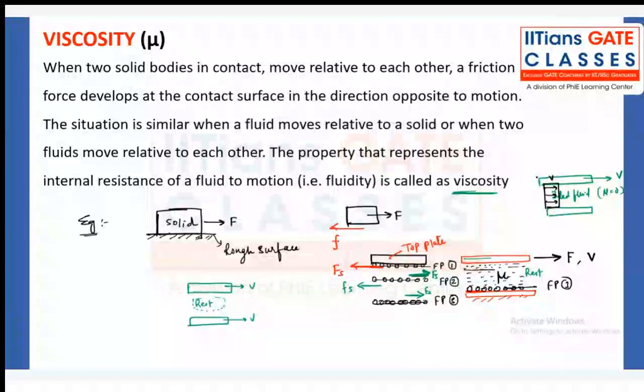The velocity profile will be a uniform velocity profile, so they will not follow the no slip condition. The no slip condition will not be valid. Whenever we talk about a real fluid which has a certain viscosity, only then will the no slip condition be followed.